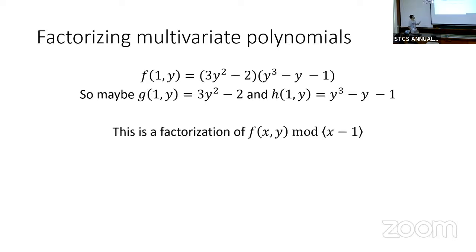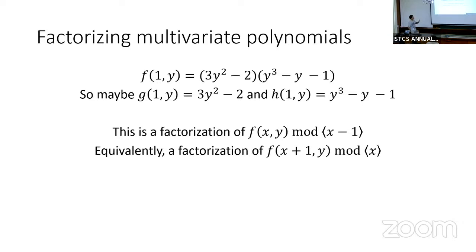So this is a factorization of your polynomial modulo x minus 1. What does that mean? In a world where x is just plugged in to be 1, this is actually a correct factorization for f of x comma y. Equivalently, again for the ease of analysis, I can say that this is a factorization of f of x plus 1 comma y modulo x.